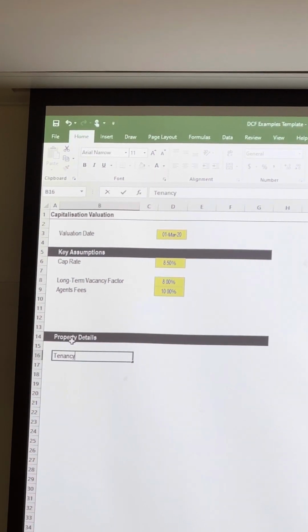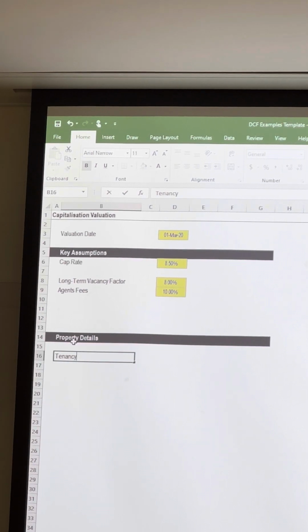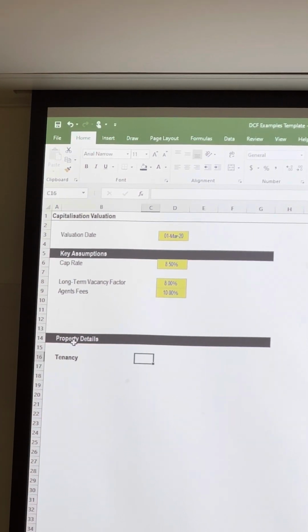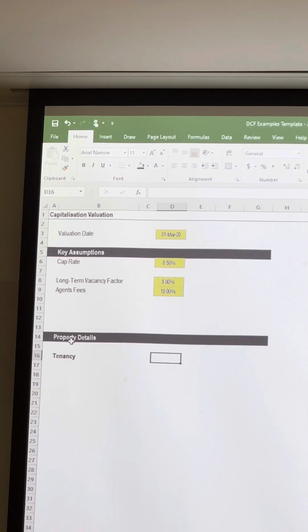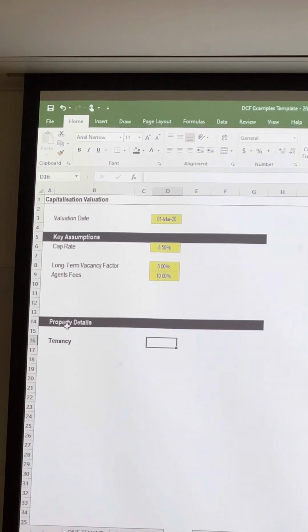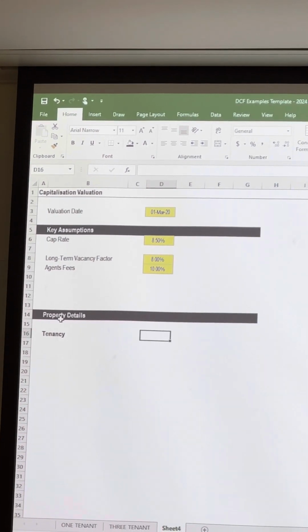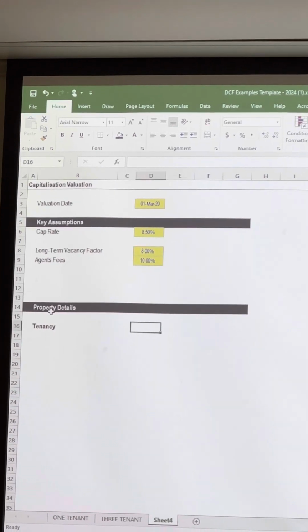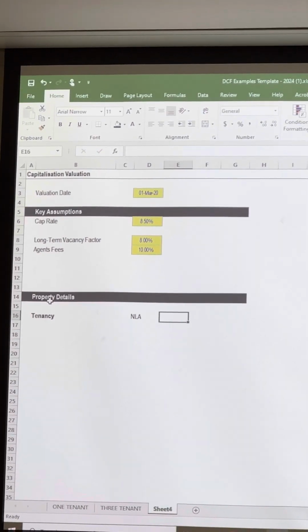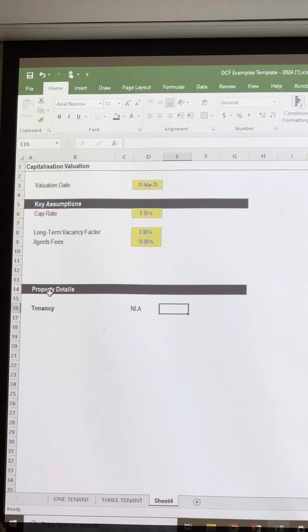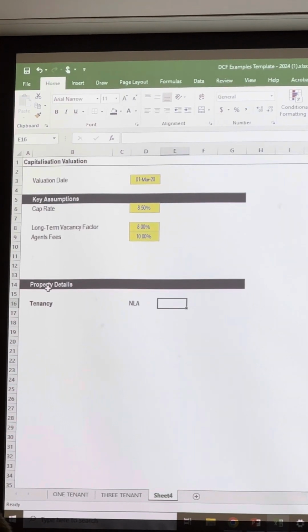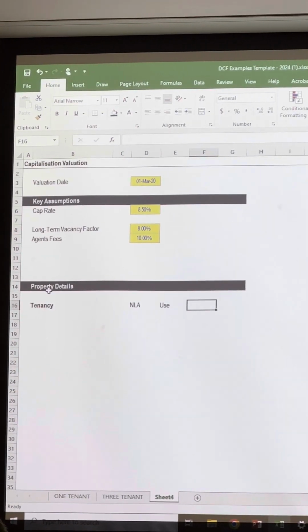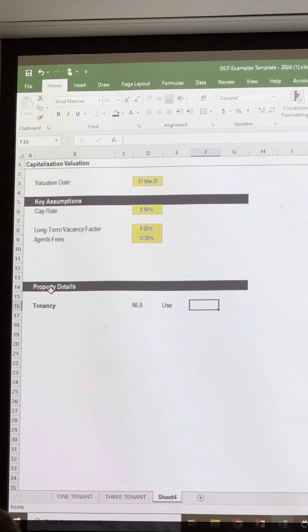So tenancy, we'll probably want to know the tenancy. What else would we want to know? Let's say we want to know what use it is, just helps identify things.